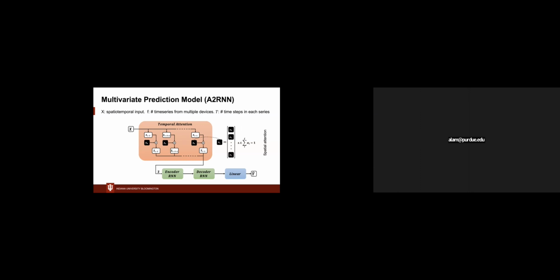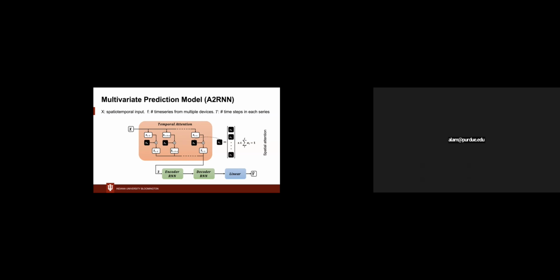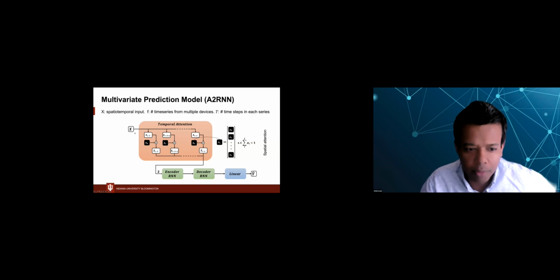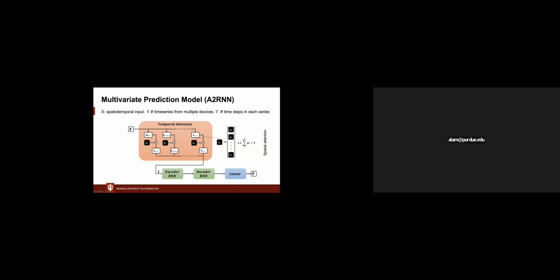Yes. And A naught is just a vector. So every X at time tau minus T is really a vector that you're multiplying with A naught. Is that right? Yes, you're right. So X is a matrix, and each component is one time step, which is a vector.